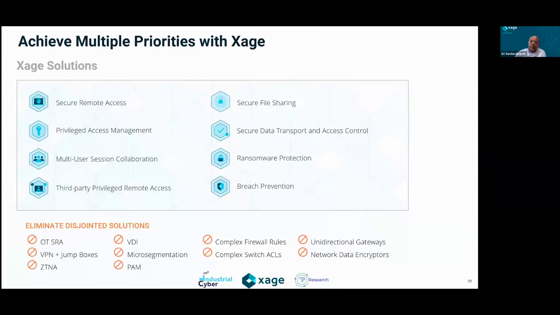And we can implement PAM capabilities without having to deploy agents or clients on systems because many of you know, you cannot deploy agents or clients on PLCs and SCADA systems. So this is where Xage has provided flexible capabilities to be able to deploy zero trust access controls in different types of environments and in distributed environments as well.